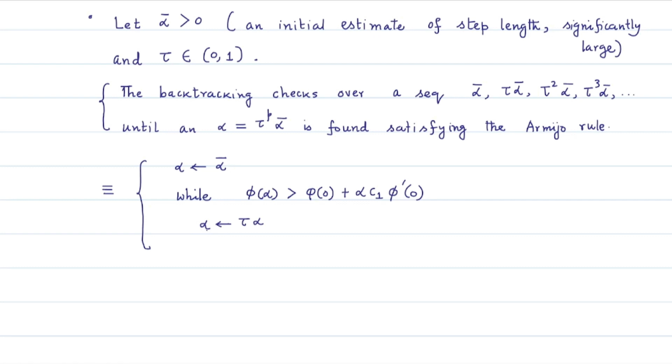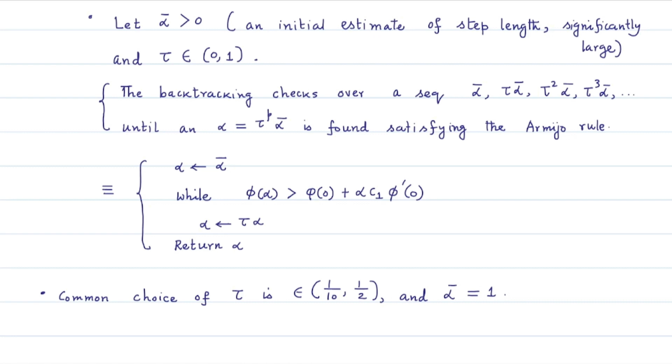And when you get out from this while loop, you will find an alpha that satisfies the Armijo rule. So you return that alpha when you get out from this while loop. Now here commonly in practice we choose the value of tau in between half and say 1/10. And also a common choice of the initial step length alpha bar is a unit step.